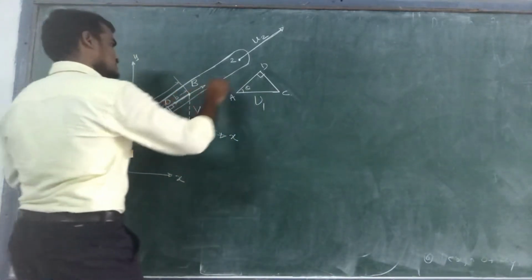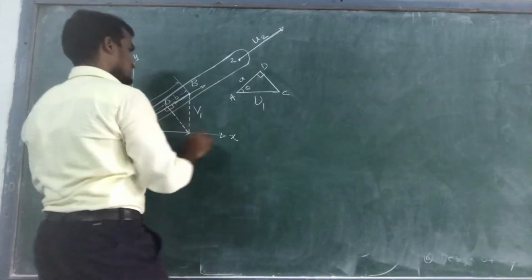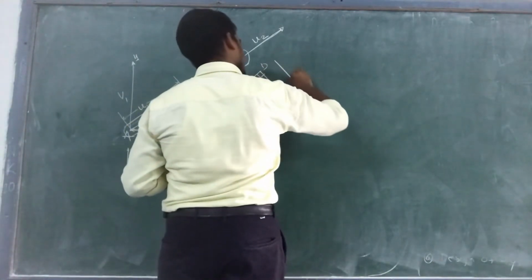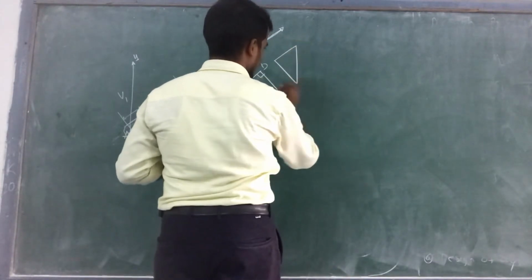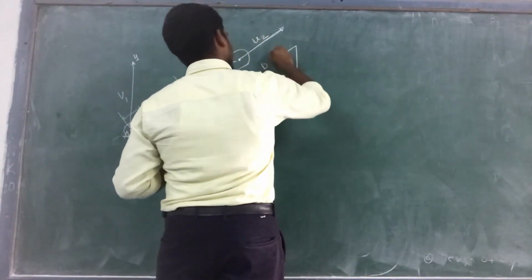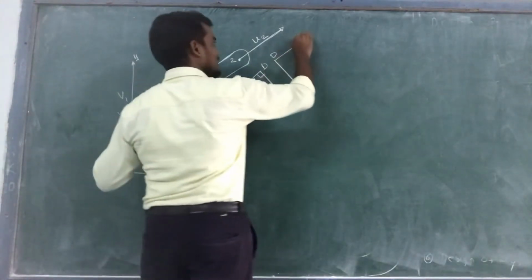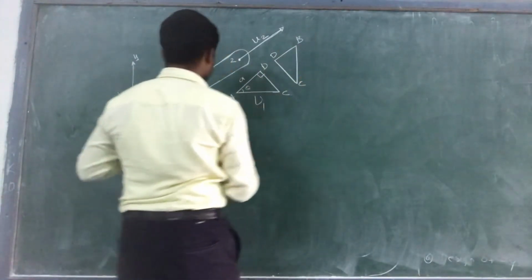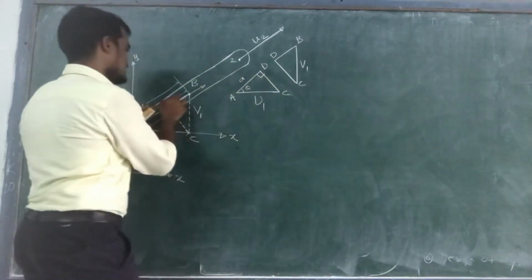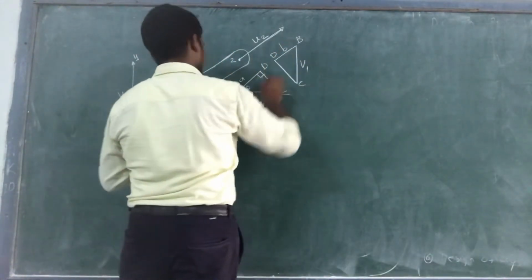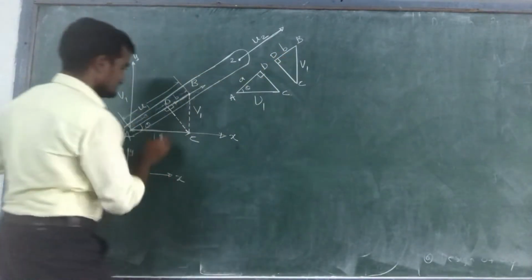Similarly, the second triangle DBC, this is your V1, this length is B, and this is a 90 degree angle.